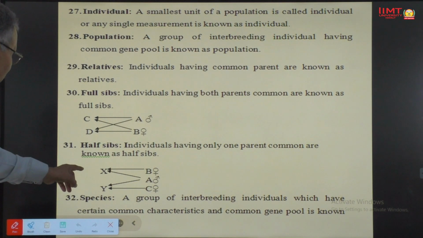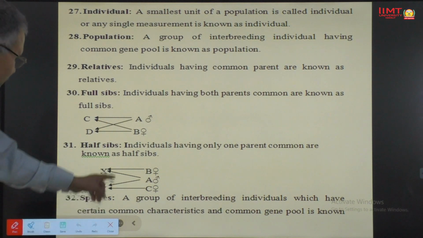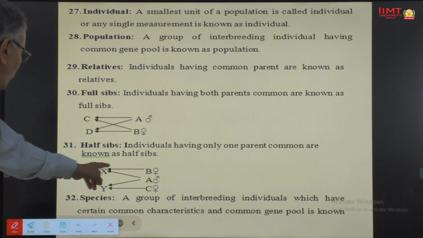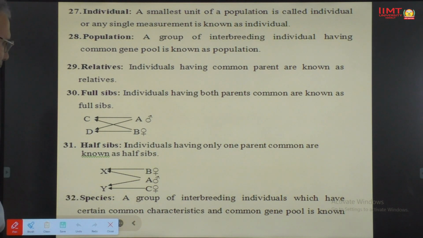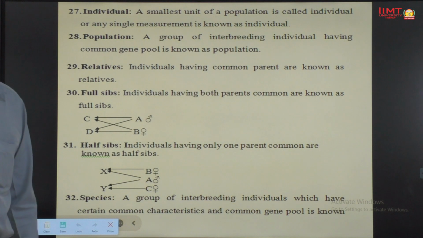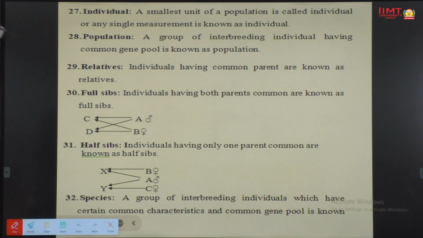Because X and Y have only one parent common, that is A. In this pedigree, A is common for both X and Y, but the other parents are not common. Hence, X and Y are half sibs.